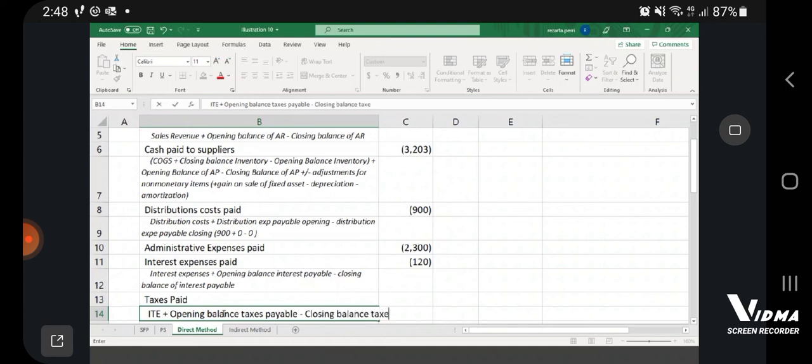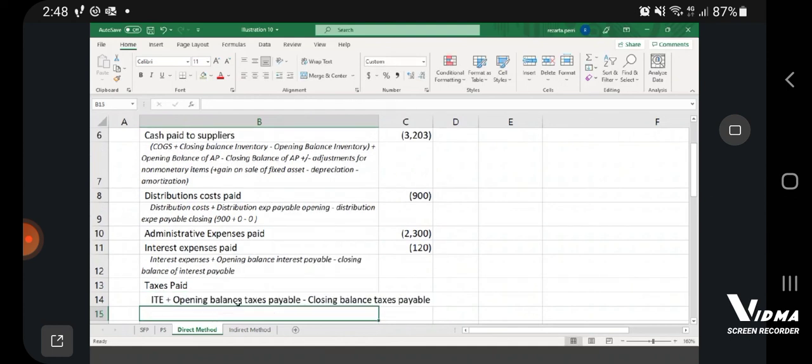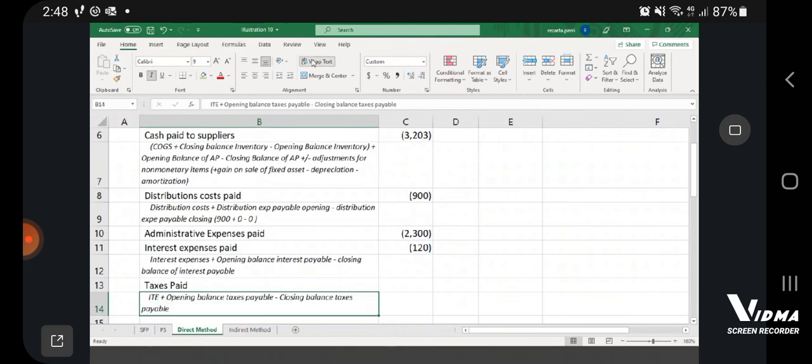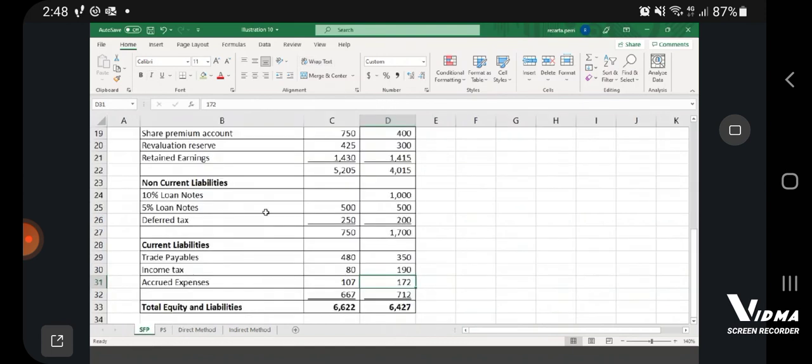balance of taxes payable. You see that the formula is exactly the same as in previous adjustments that we are doing, but please be careful because, as we mentioned, related to the taxes, we have two items. So the taxes are shown partly in the non-current liabilities, that is taxes payable in the long term, and part of them are included in the current liabilities as taxes payable in the short term.